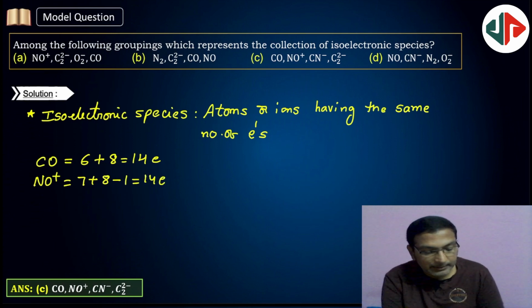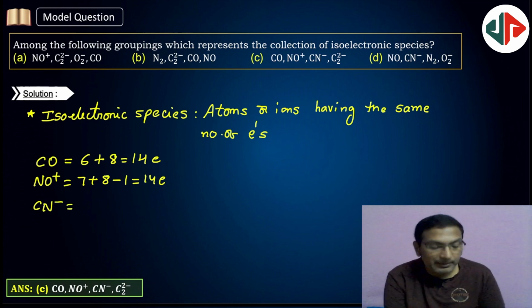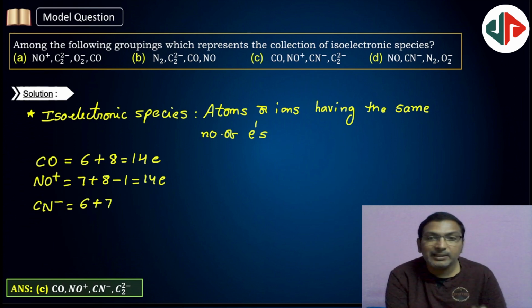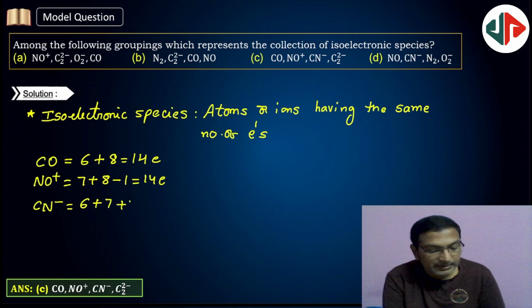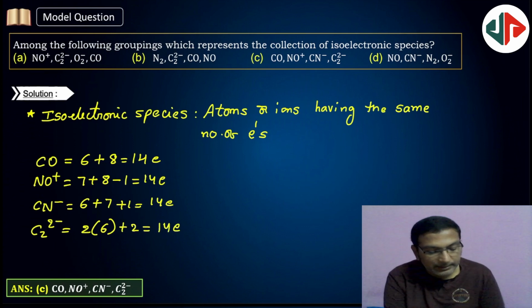14 electrons. Next, CN minus. Carbon will be having 6 electrons, plus nitrogen 7. Minus 1 means gaining of 1 electron. That means plus 1. Therefore, 14 electrons. Next, C2 2 minus. Carbon 6 electrons, therefore 2 into 6, minus 2 means here take plus 2. 14 electrons.